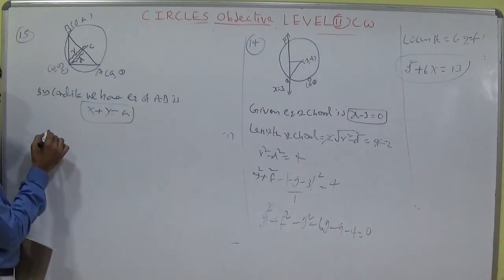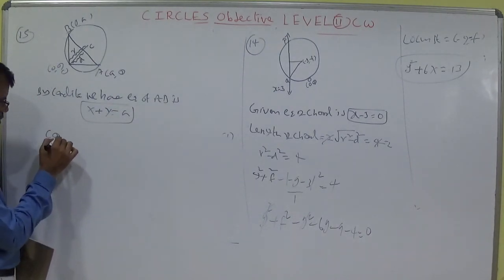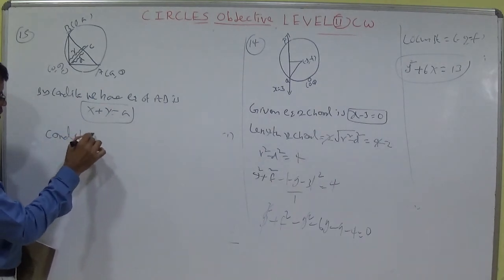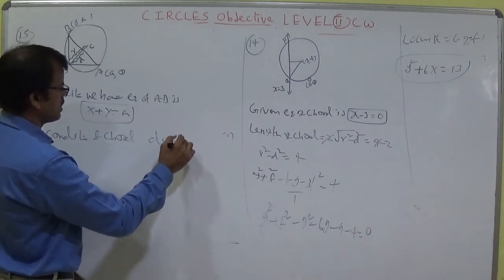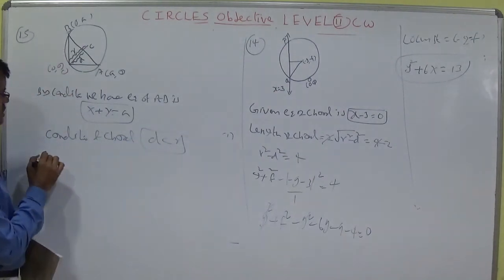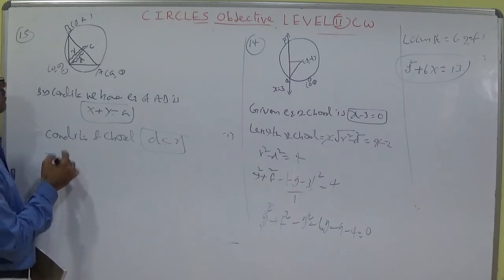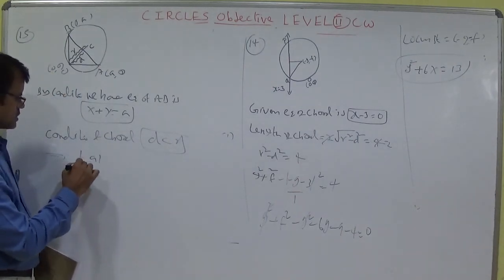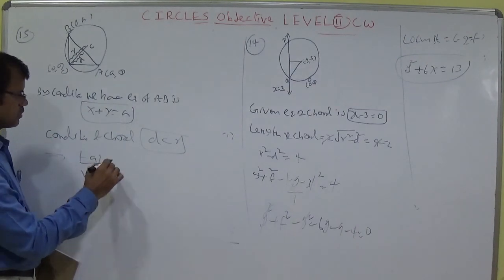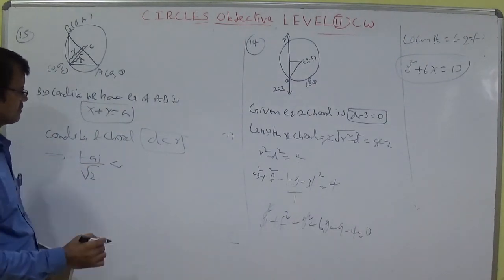Now, another condition: the condition of a chord, that is d less than r. So what is d? The perpendicular distance from 0, 0 to this line. So you can say this is minus A by root 2, less than r.